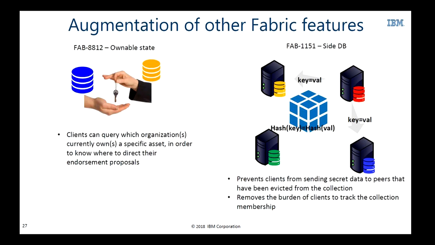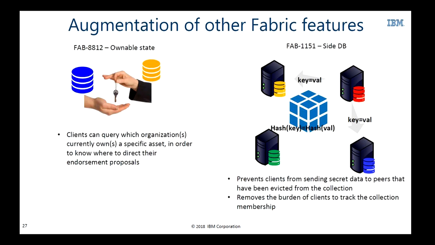To those of you that don't know, essentially what this feature means is that we send only hashes into the ordering service, and the public blocks only have the hashes of the original sets of the transactions, and we actually disseminate the pre-images between the peers according to some policy. So service discovery is also very useful for this feature.